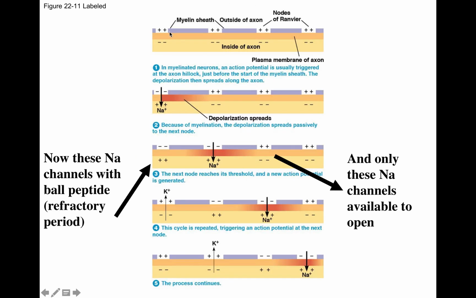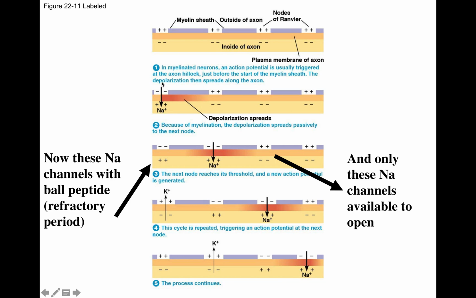So in this diagram, they're showing you the purple. That's the part of the membrane that's covered up with Schwann cells in this material called myelin. So ions aren't going to move in and out at that point. They can only move in and out where one group of Schwann cells is meeting up with another group of Schwann cells at this node of Ranvier.